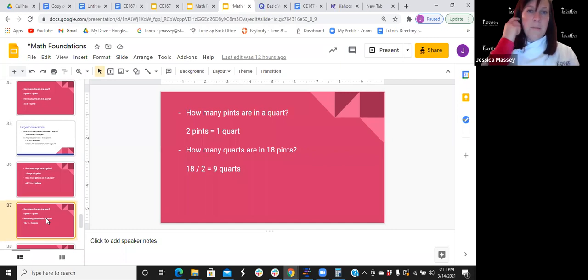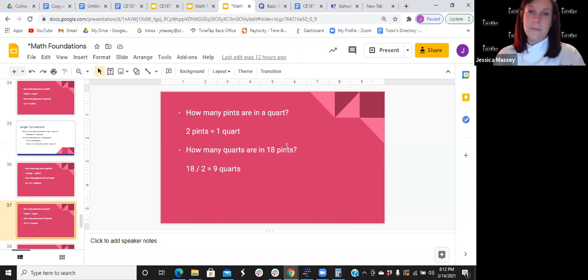Going along the same principle, how many pints are in a quart? Again, we know there's 2 pints equals 1 quart. Common conversion, you have it written down, or you just are a whiz and remember, hopefully. So how many quarts are in 18 pints? So we know there's 2 pints for every quart, so we need to find out how many quarts are in 18.